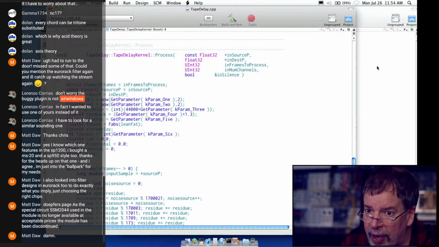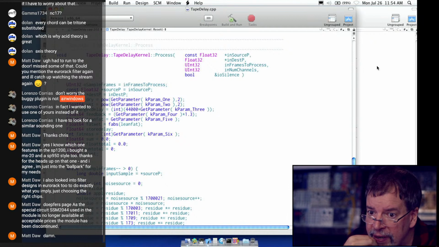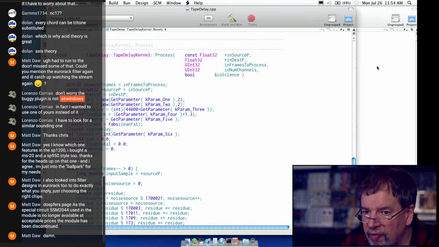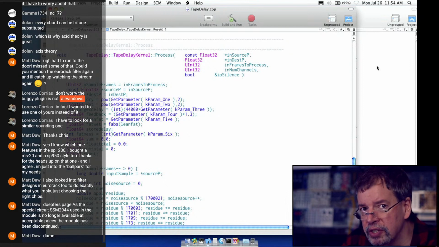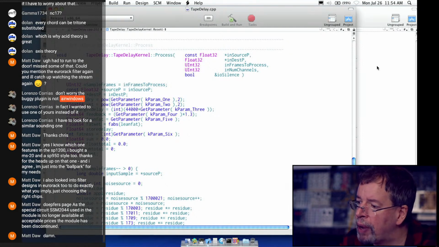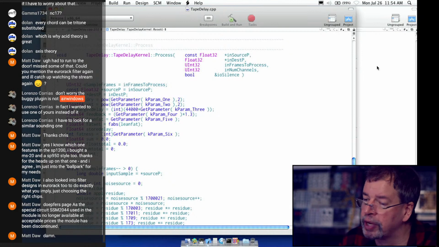So if you're talking about getting into the ballpark, find one based on the same design. Find an SSM style filter, because Doepfer's not the only one that's made them. I've seen kits where people compared the real vintage chip with the reissue chip. And I think there's reissue chips that are the smaller form factor rather than dual inline package.